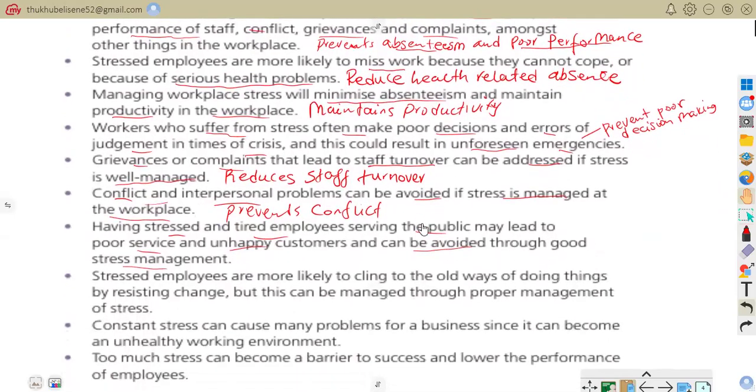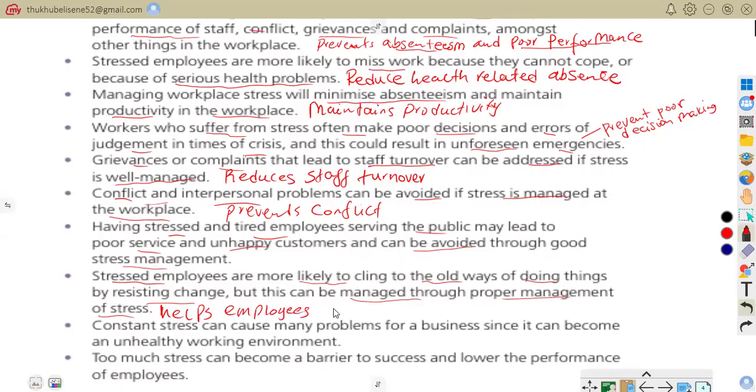Now let us move on. Also, it says stressed employees are more likely to cling to the old ways of doing things by resisting change, but this can be managed through proper management of stress. So it helps employees adapt to change.